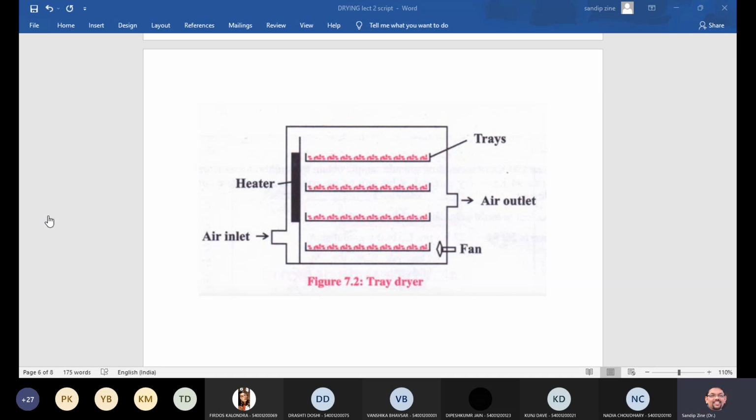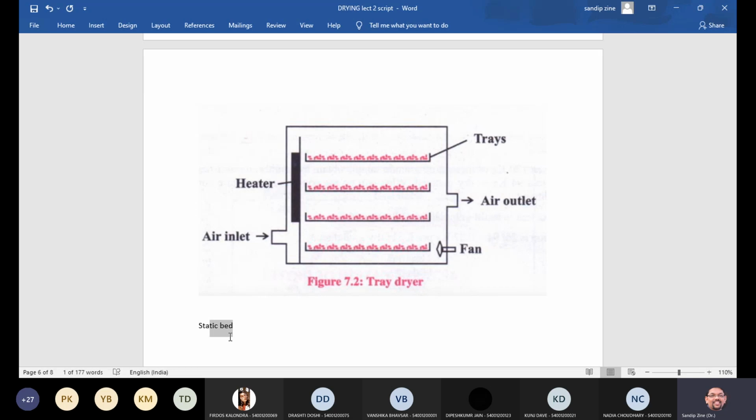So what is the exact principle of tray dryer? If you see the overall principle, this is an example of which kind of dryer? That is static bed, isn't it? In the classification of dryers, we have seen this concept.